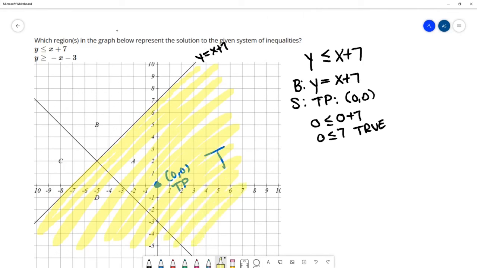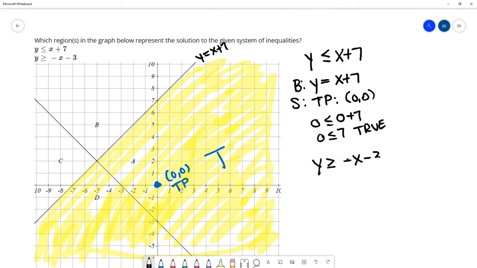But in order for the region to be a solution to the system, it has to be a solution to both inequalities. So now I need to do the other inequality as well. So the other inequality is y is greater than or equal to negative x minus 3. So we'll have a boundary line, y equals negative x minus 3.